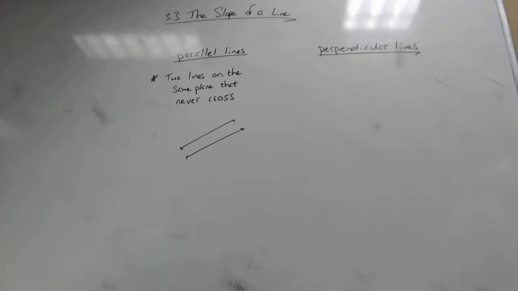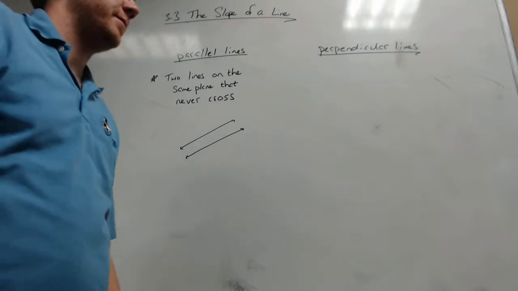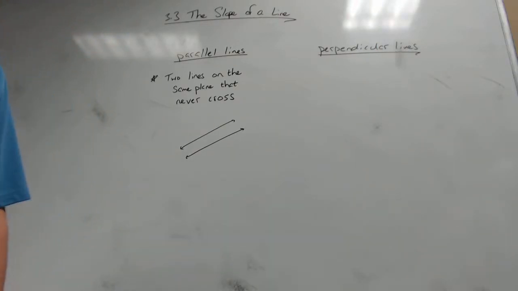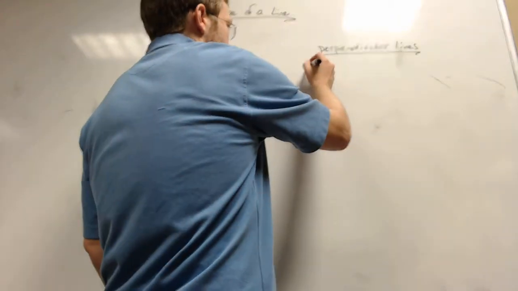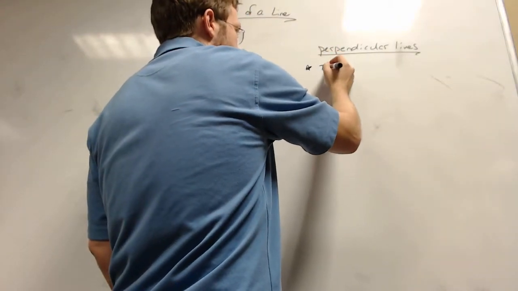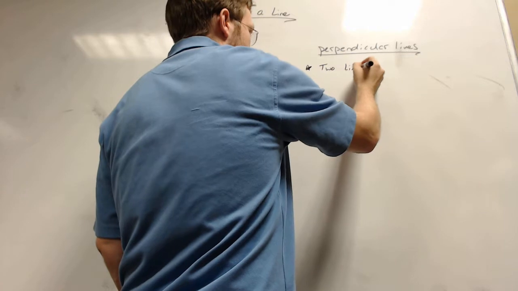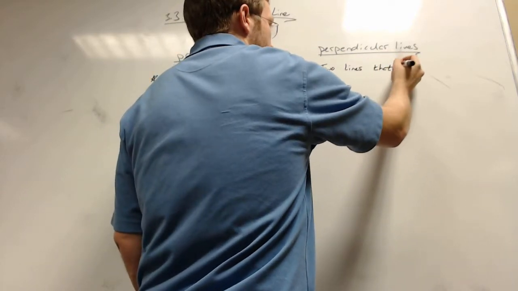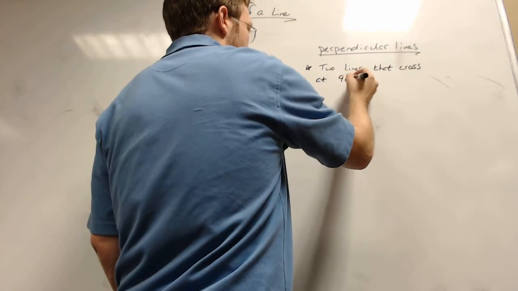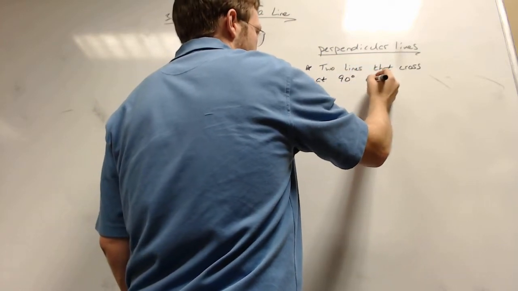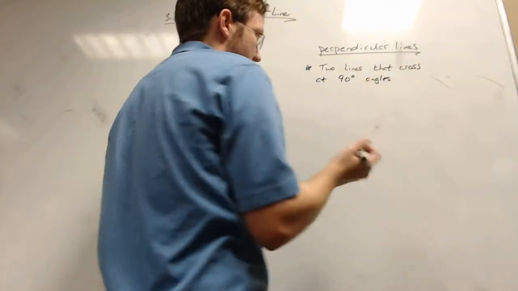All right. Perpendicular lines, on the other hand, might be harder to define geometrically, but you might know them when you see them as well. So the geometric definition would be two lines that cross at 90-degree angles, or right angles.